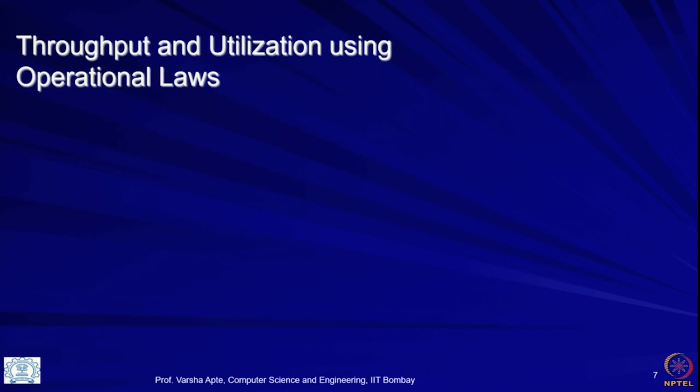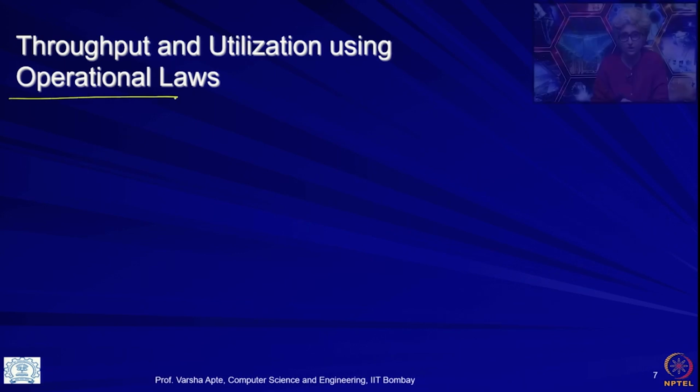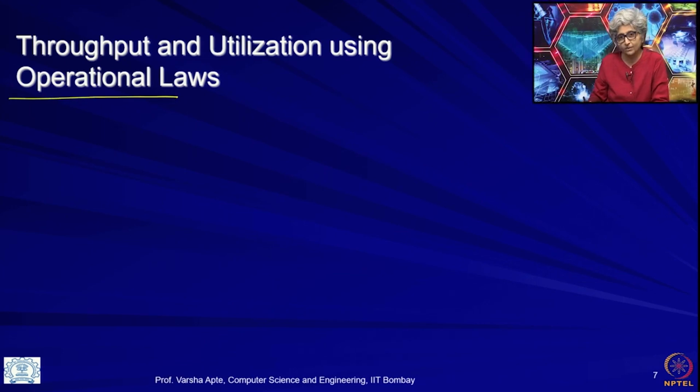What can we calculate easily about throughput and utilization? For doing this there is a method called operational laws, and there are various operational laws that govern the behavior of queuing systems, and we will derive one today.